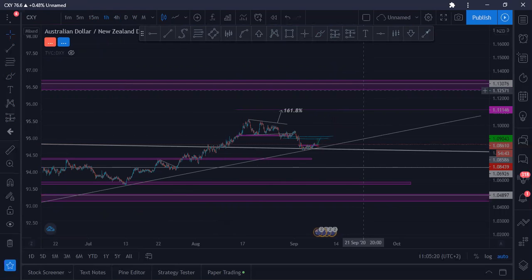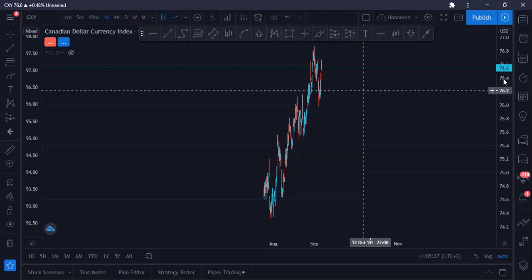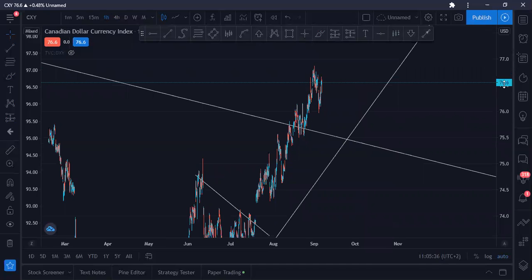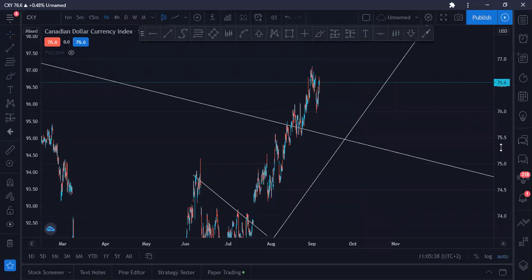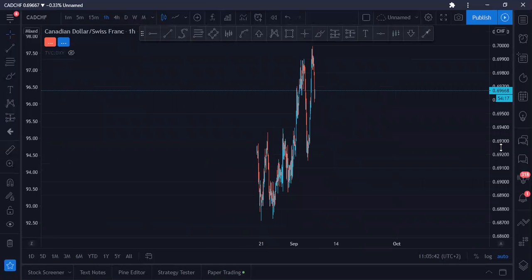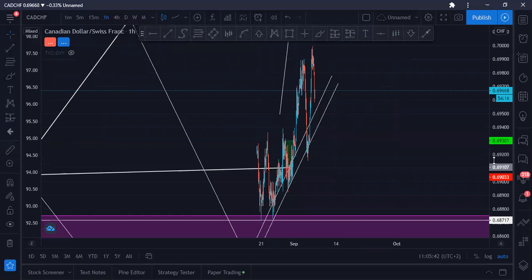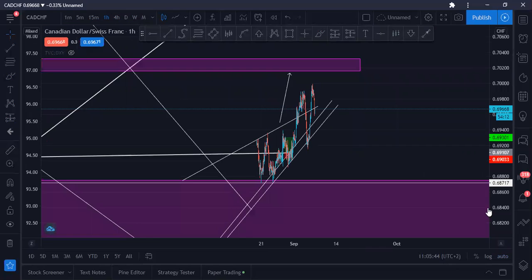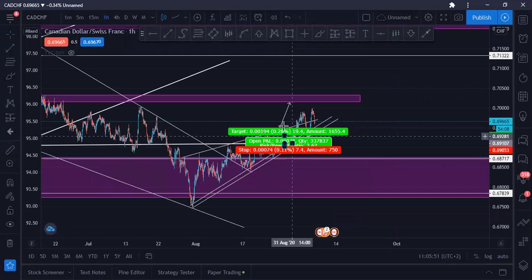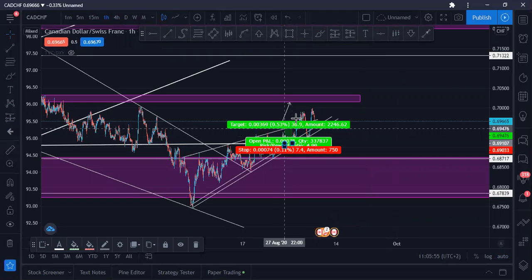Canadian dollar pairs. NFP actually exploded this trade. So we actually took this trade to the upside.